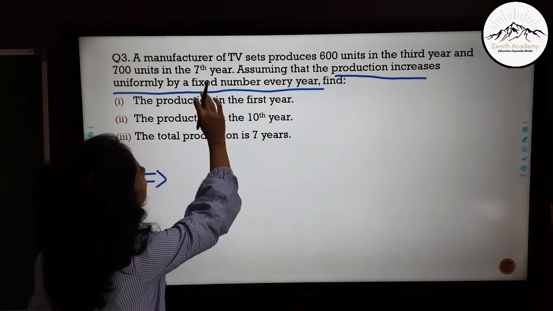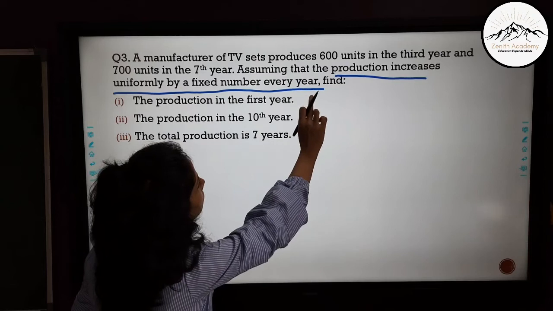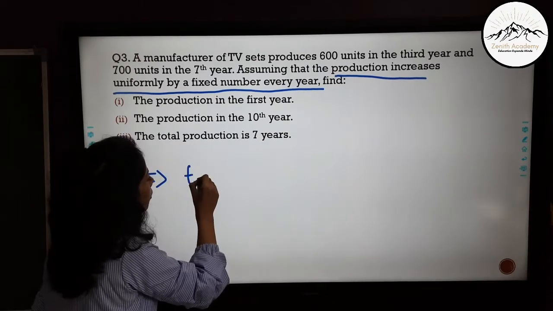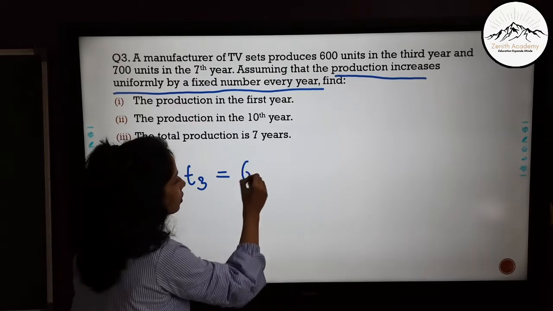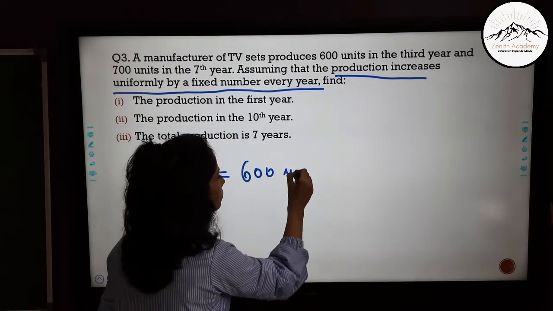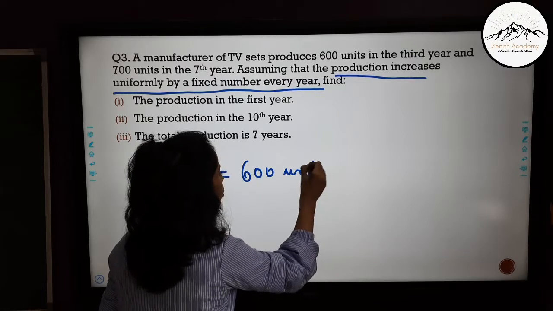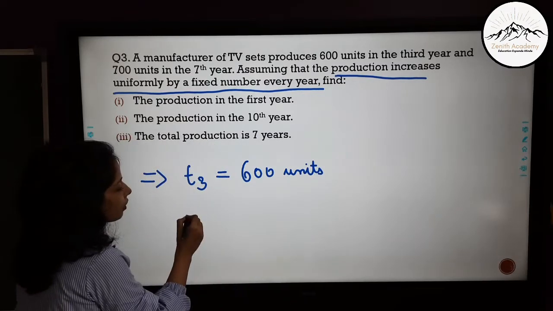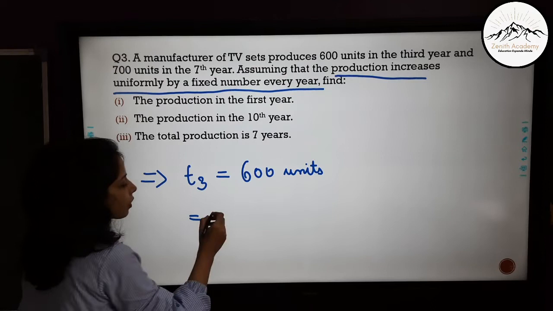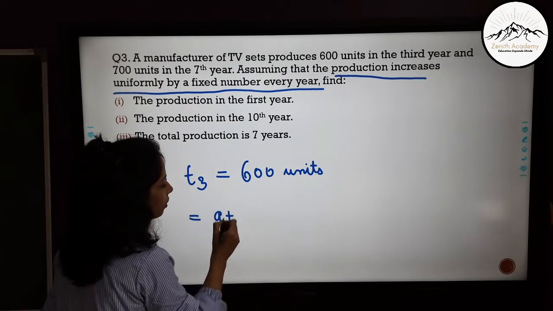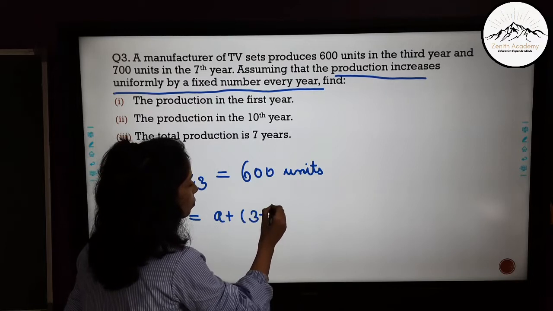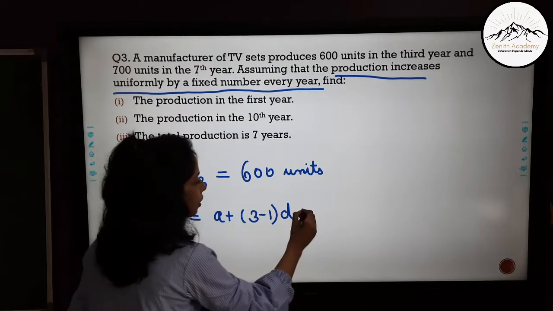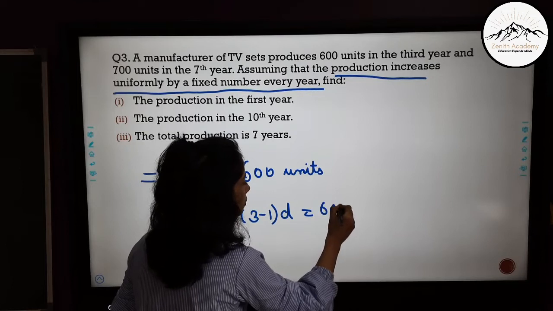We have been given the third year production, that is term 3, third year production is 600 units. So what we can write, since this is an AP, A will be our first term, plus 3 minus 1 into D is equal to 600 units.